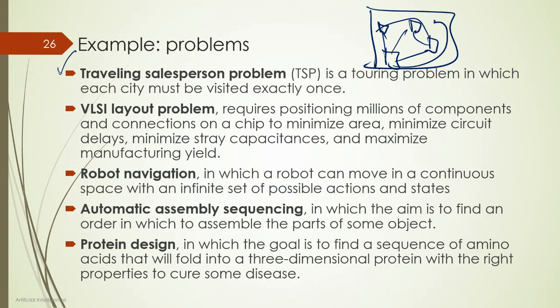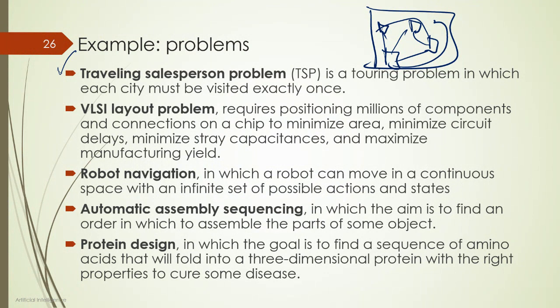Automatic assembly sequencing is another problem, in which the aim is to find an order in which to assemble the parts of some object efficiently, the best way to order the sequence of the assembly.